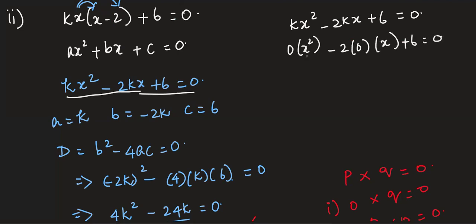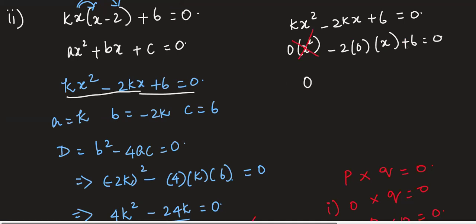So 0 into x square will become 0, and there will be no x square term at all if you take k value as 0. If there is no x square term, then the whole thing will not be a quadratic equation. It will become a linear equation if it has just x. If it does not have x also, then it will become just a constant term.